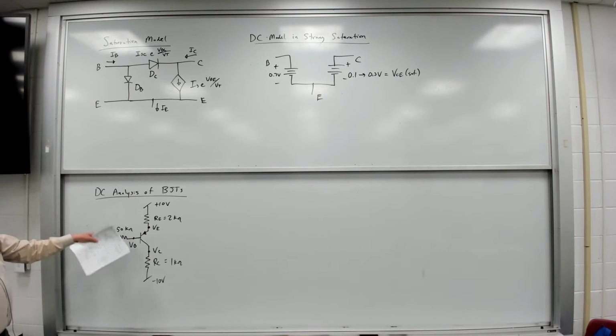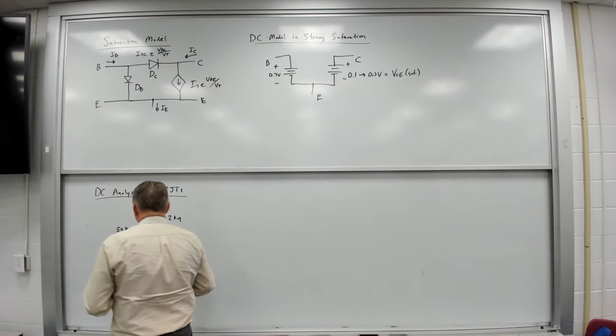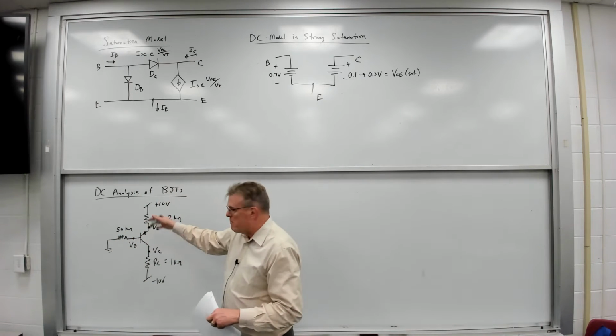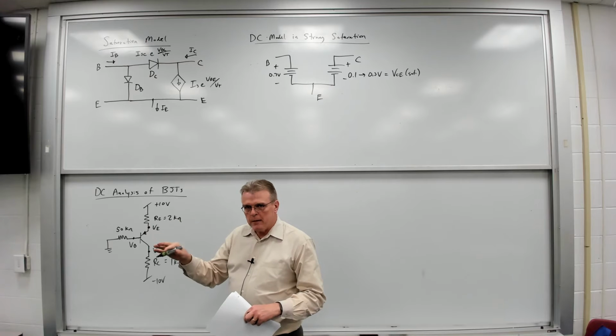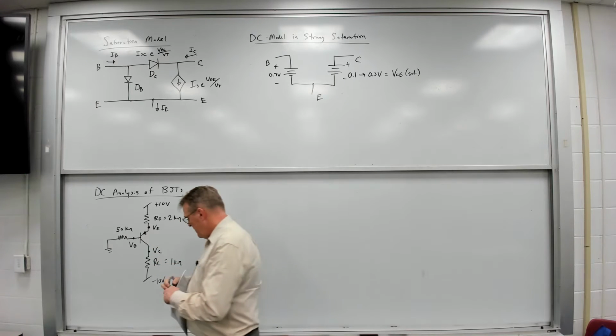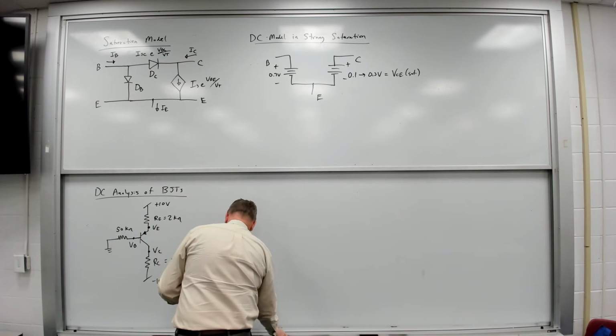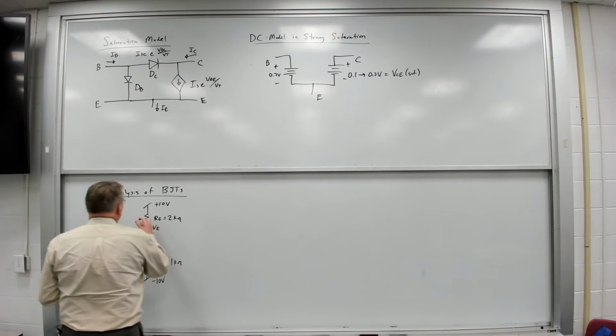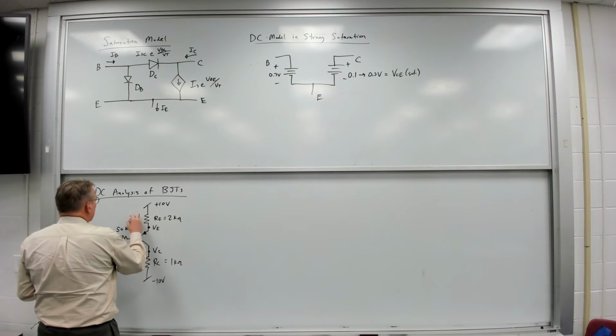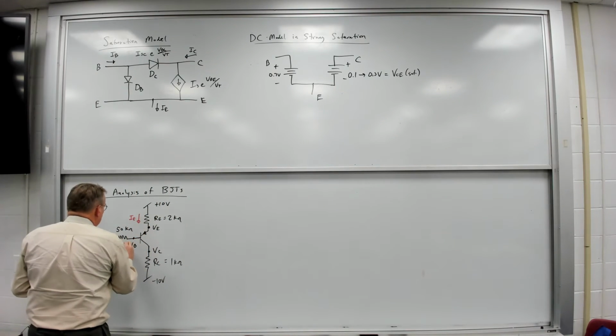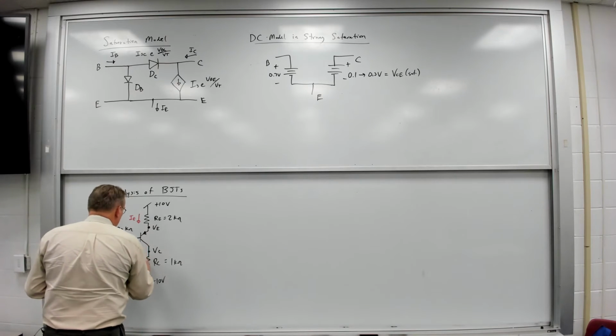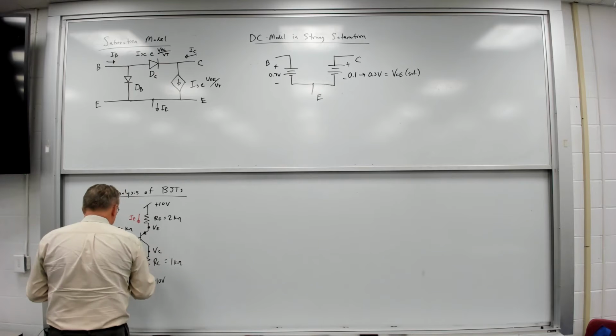And in this case, once again, the currents are in reverse direction compared to the NPN. So IE flows into the emitter. IB flows out of the base. IC flows out of the collector.